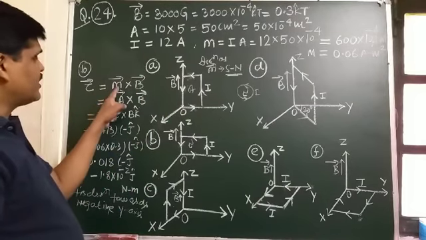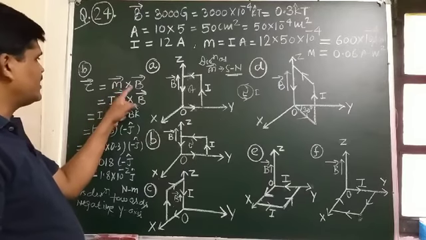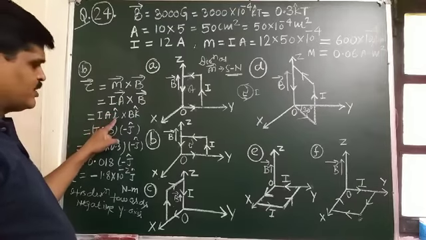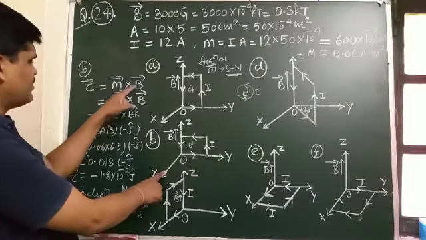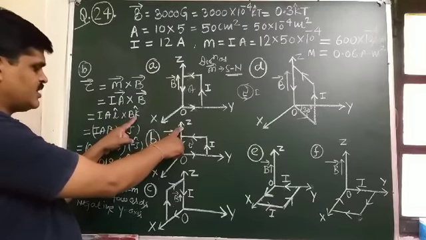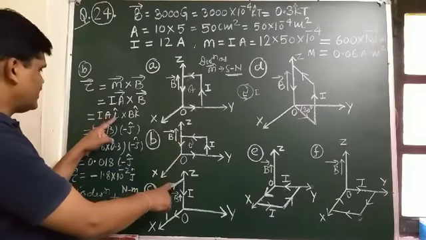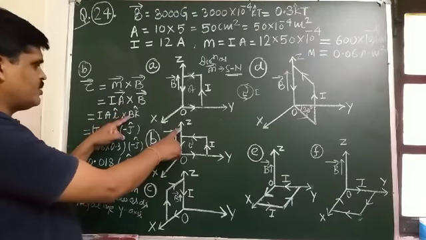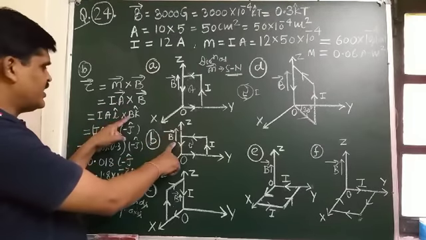So if one vector is rotated in the direction of the second vector, m comes out to be, that is, towards the x-axis, and b is towards the z-axis. Magnetic moment is towards the x-axis, magnetic field towards the z-axis.